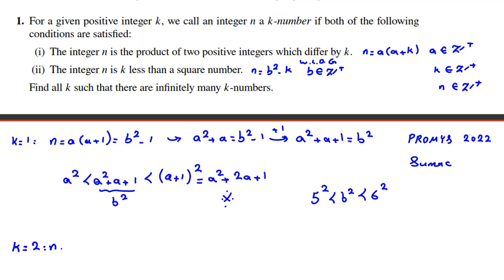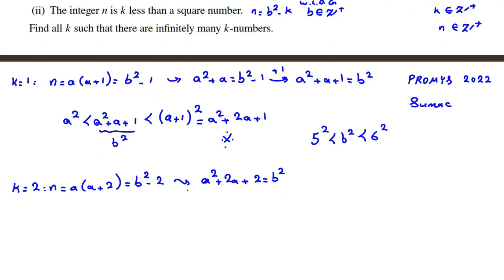k equals 2: n equals a times a plus 2 equals b squared minus 2. So we can say a squared plus 2a, we can add 2, plus 2 equals b squared. Again, can you tell me this number is between which two consecutive perfect squares? The left side is a plus 1 squared and the right side is a plus 2 squared.